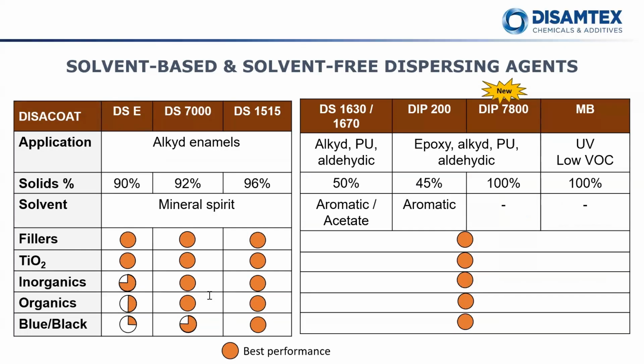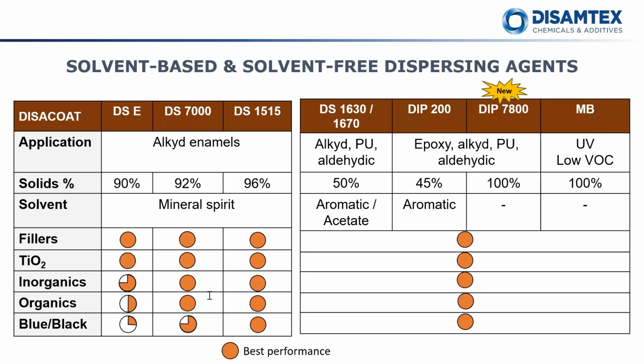Okay, and this slide compares Disacode dispersants from Disamtex, covering solvent-based technologies and one solvent-free. On the left, DSE, DS7000 and DS1515 are high solids dispersants designed mainly for alkyd enamels in mineral spirits. In the center, DS 1630, 70 and DIP 2100 are more versatile options, including different systems using either aromatic or acetate solvents.